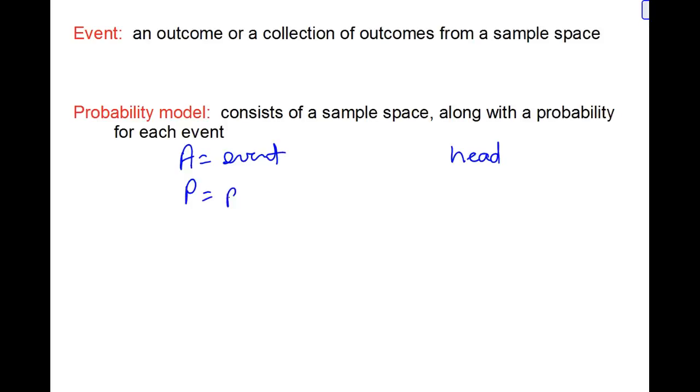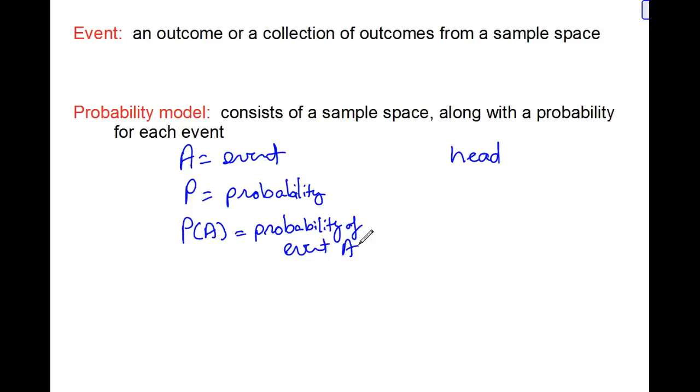P represents the probability that we are looking for. And then if I say P of A, that means the probability of event A. So if I want to get a head, I will say the probability of a head.